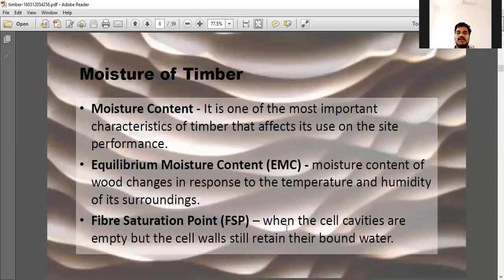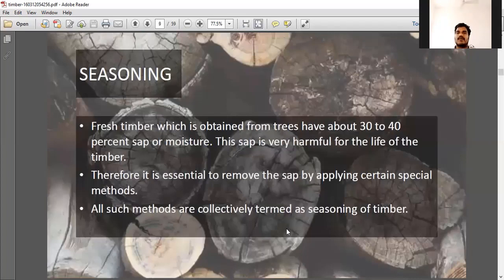And generally the moisture content in the timber is very high. That's why only after seasoning of the wood you have to use the timber in the construction. So you have to remove moisture in various ways. That is nothing but seasoning of wood. What is seasoning?